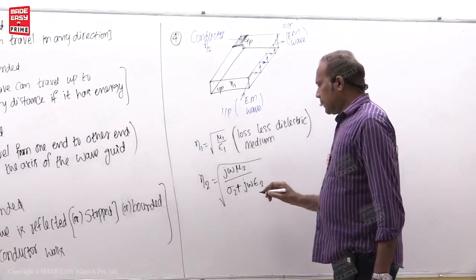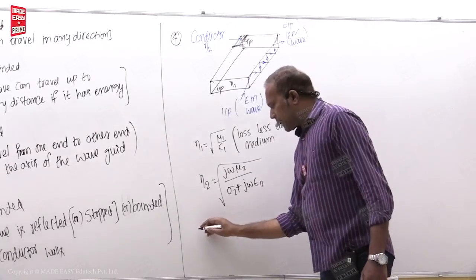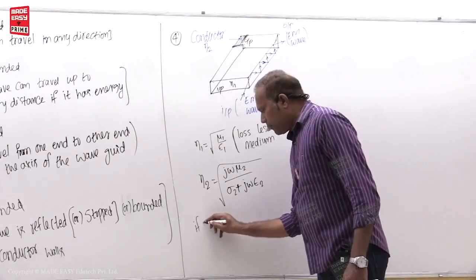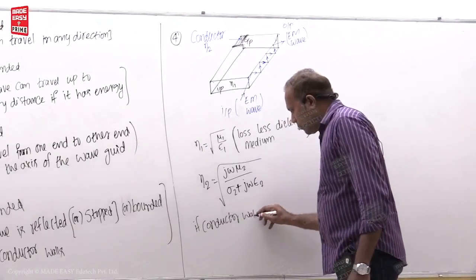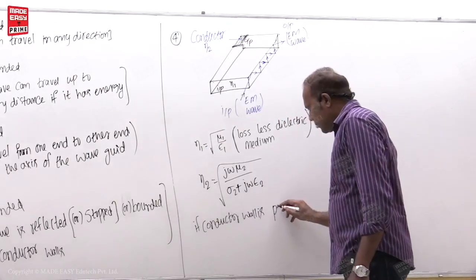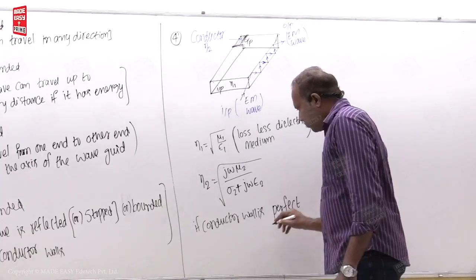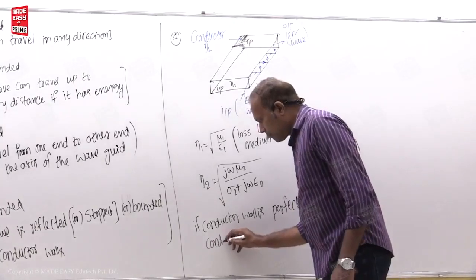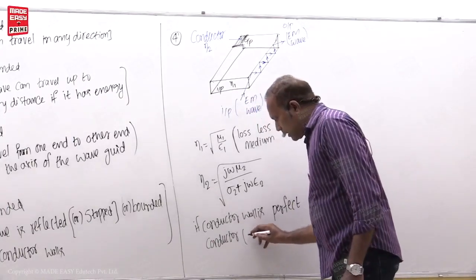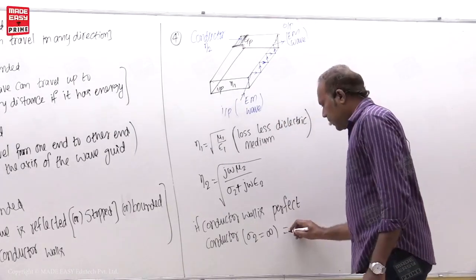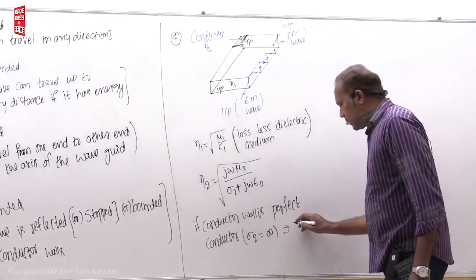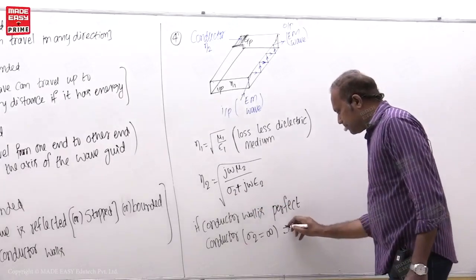So if the conductor wall is a perfect conductor, sigma 2 is equal to infinity, which implies eta 2 becomes 0.